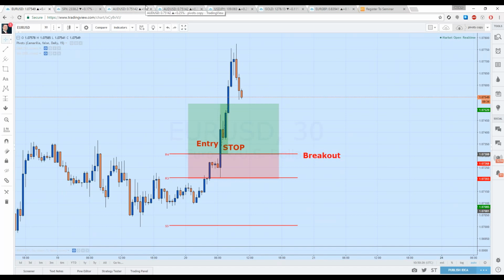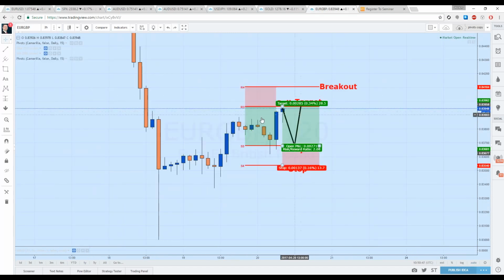For instance, if I'm trading a range, I would not be trading the euro dollar. I may instead be trading the euro pound.